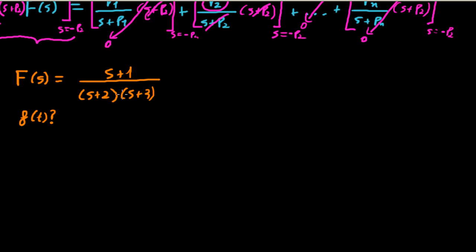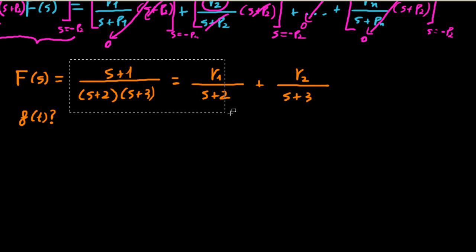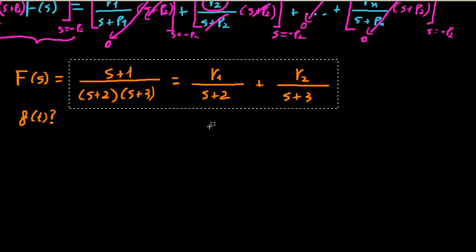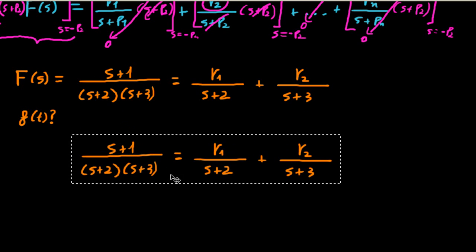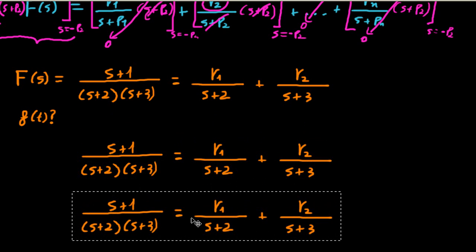So we already have this written in a way that we know its poles. We don't need to calculate them, so we can directly assume that this is equal to the first residue over s plus 2 plus the second residue over s plus 3. Let me copy this twice.